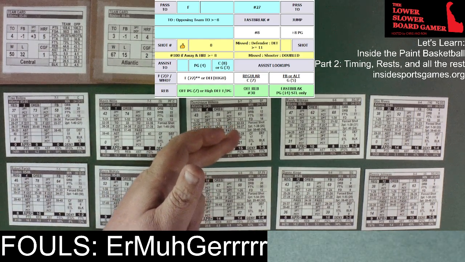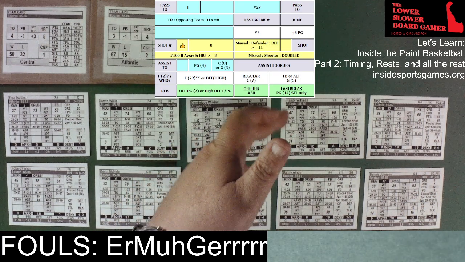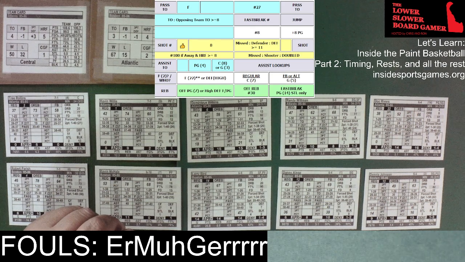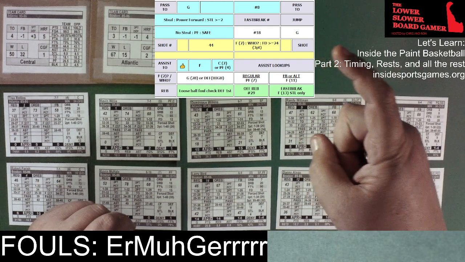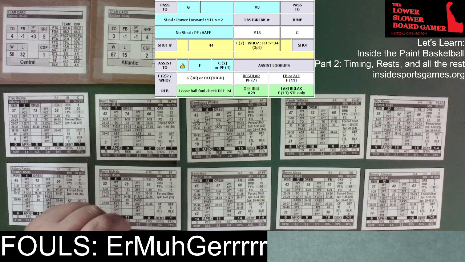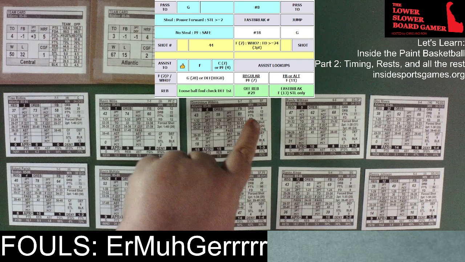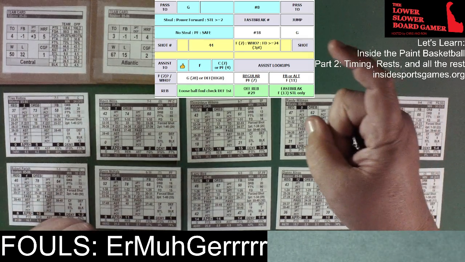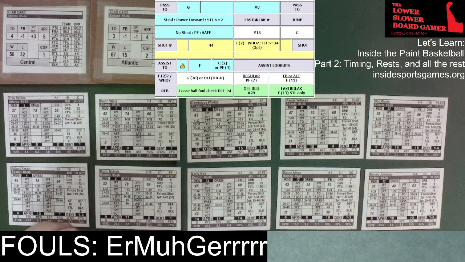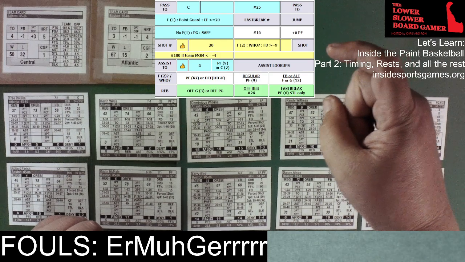Let's do another foul. Atlanta, Dominique Wilkins, 27, is going for a 2-pointer. After flipping, we have the foul possibility up here. It says foul drawn if he has a rating of 24 or more. It's only 14, so it wouldn't apply. Even if he had a foul draw rating of 24 or higher, this one would only have worked on a 3-pointer; that's what the 3-point in parentheses means. Otherwise you disregard it and take the shot. So we flip again and we have the foul 2 and who.